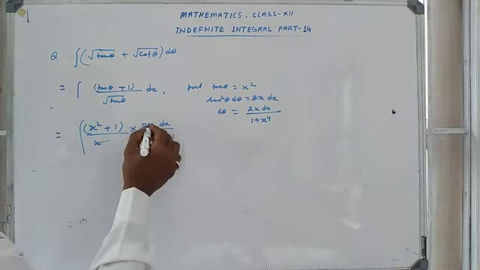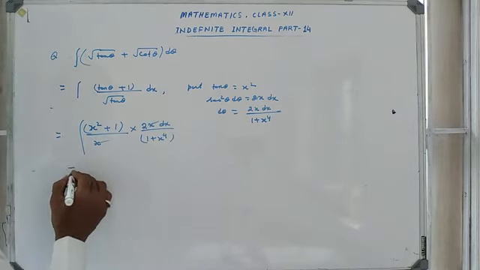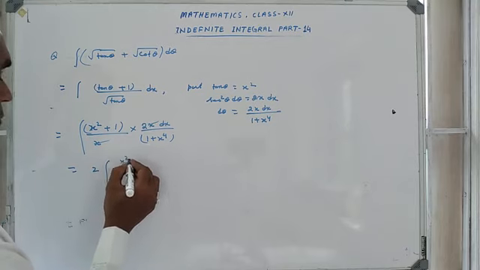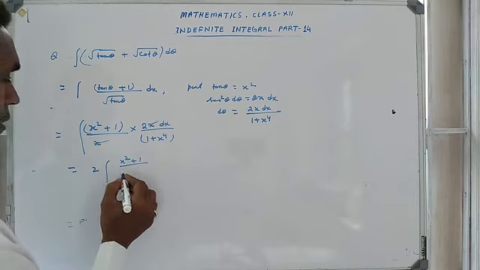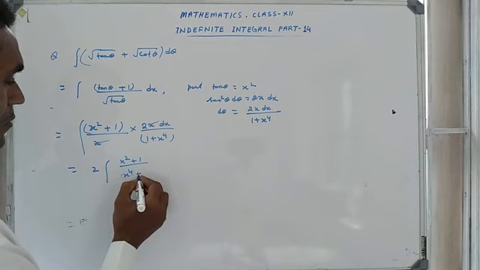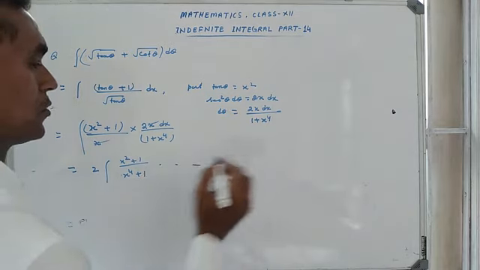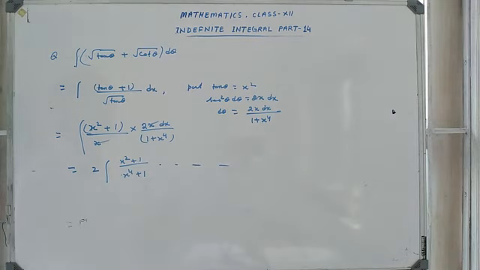This x is cancelled. So 2 times x square plus 1 by x^4 plus 1. This type of question I have solved. So after that you can solve this question. I am leaving this solution for you.